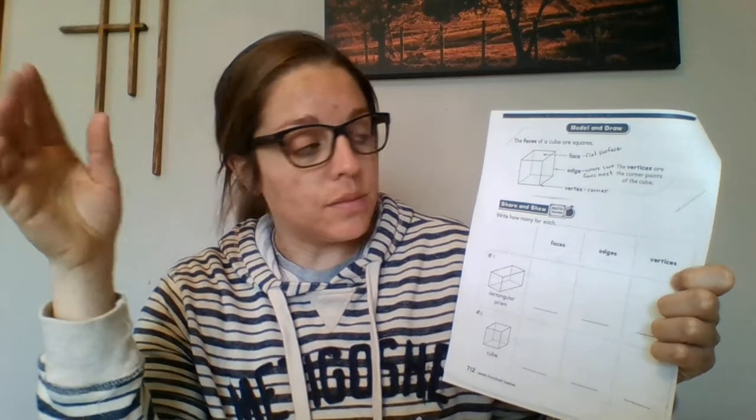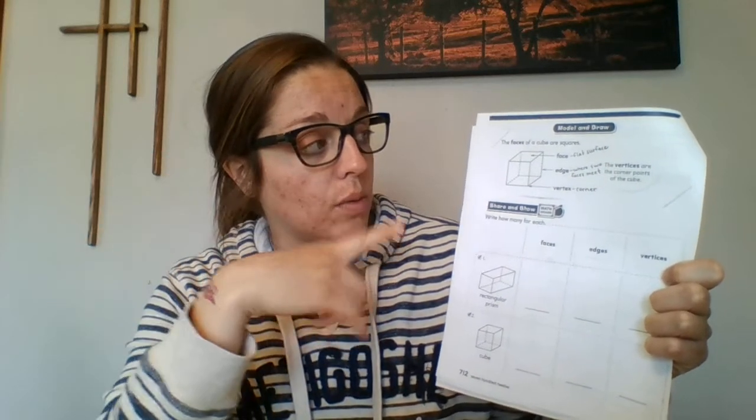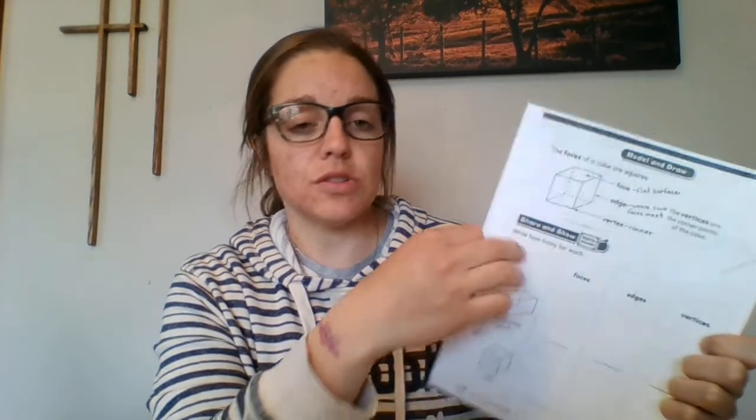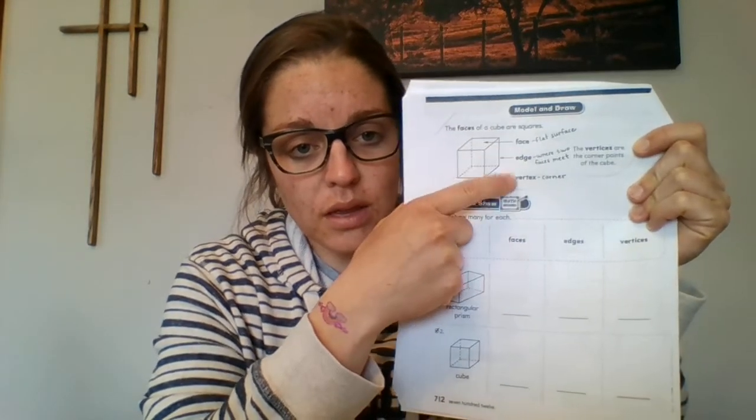Okay, so we are introducing some more vocabulary words at the top here. So this lesson, 11.2, is actually called attributes of three-dimensional shapes. So what that means is kind of like properties or specific things about these shapes that we're going to talk about. So we are focusing on 3 things that describe our rectangular prism and our cube.